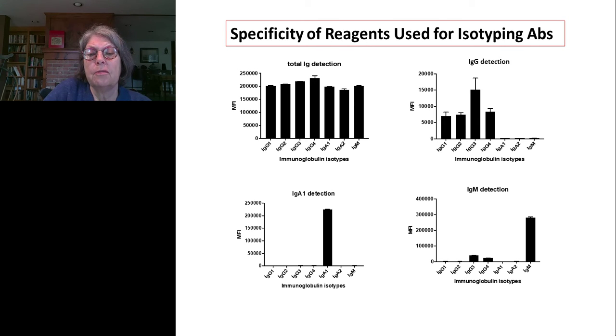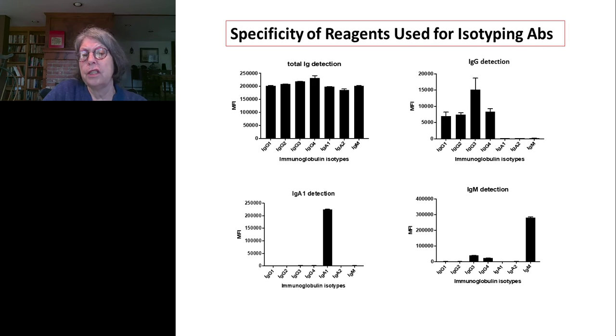And similarly for the antibody to the IgM subclass, in the lower right, you see that this antibody reacts with the IgM coated beads. There is a little bit of cross-reactivity with IgG3 and IgG4, but it's much less, and we decided we could live with that for the IgM-specific antibody.